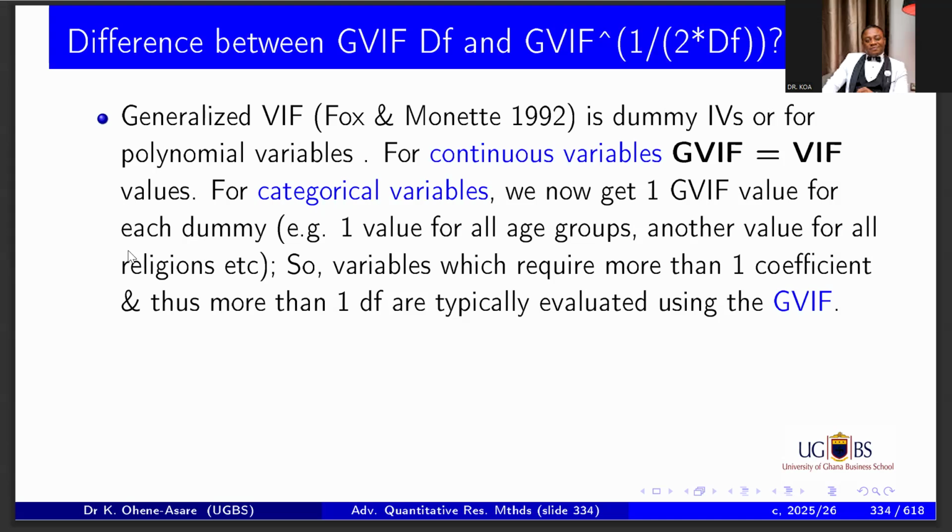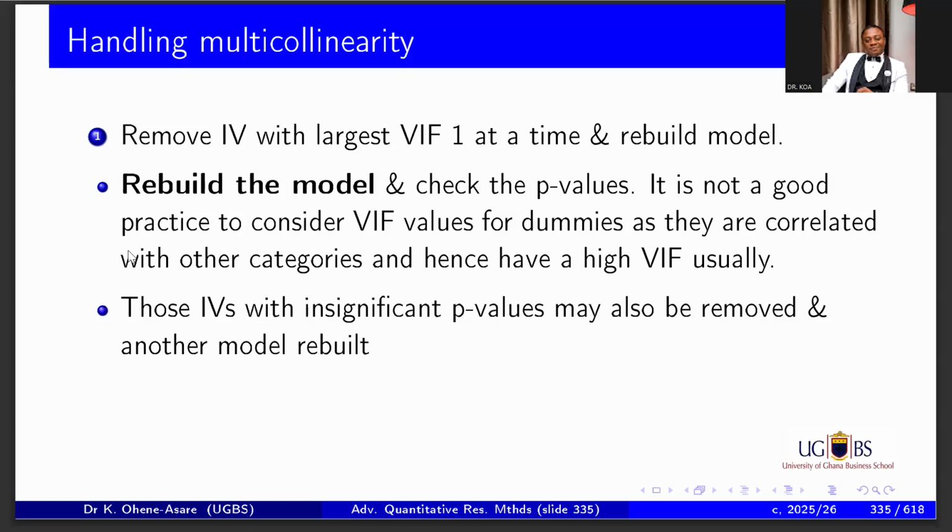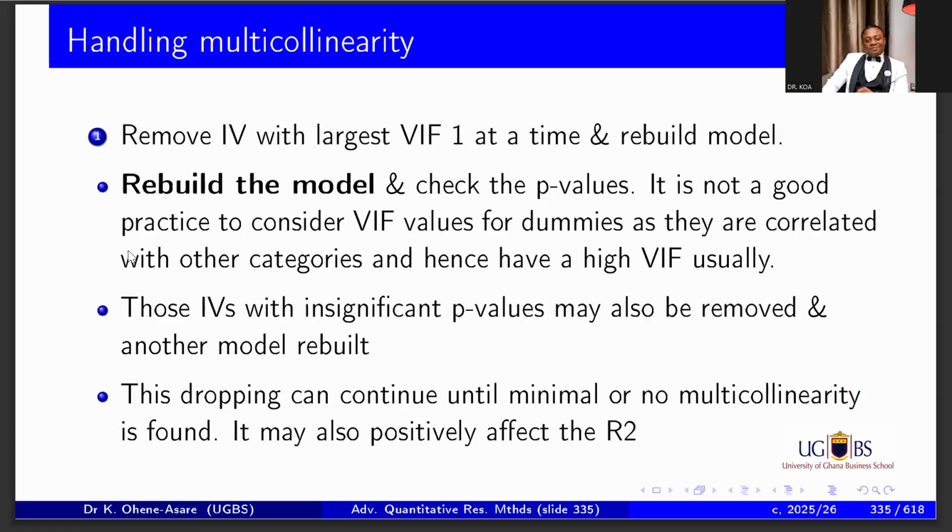But if some variables are insignificant, but now they become significant, then it means that the removal of this particular independent variable is good. So you always remove it, rebuild the model, and check the p-values and the R-squares. Then you can use that to determine whether the dropping of this variable can proceed. Other than that, you keep them in the model, particularly when you have a theoretical backing for that.